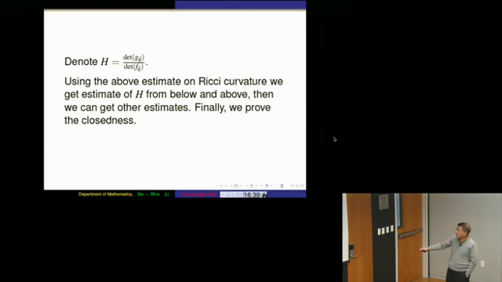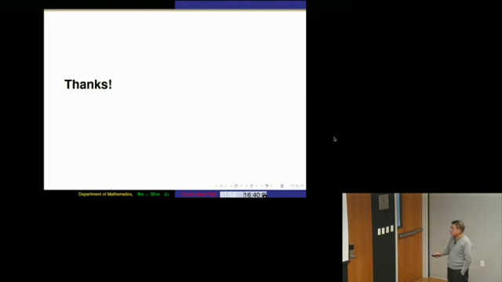We can get the estimate for H such that H is bounded above and bounded below by constants. Then we can get other estimates. Finally, we can prove the closeness. So in this case, we can prove our theorem. I want to stop here.